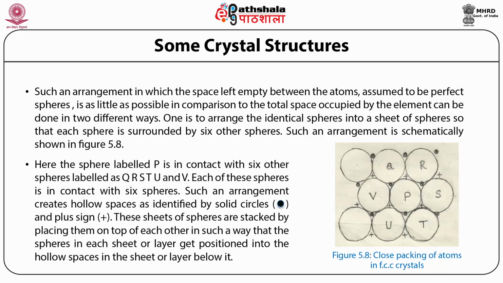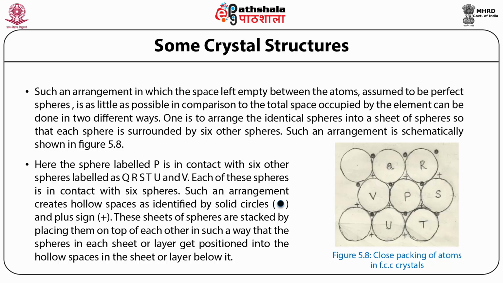Here the sphere labeled P is in contact with 6 other spheres which are labeled as Q, R, S, T, U, and V. Each of these spheres is in contact with 6 spheres. Such an arrangement creates hollow spaces as identified by solid circles and plus sign.